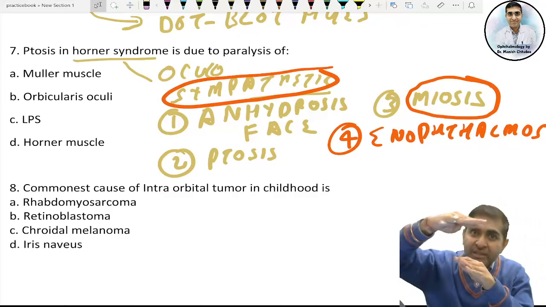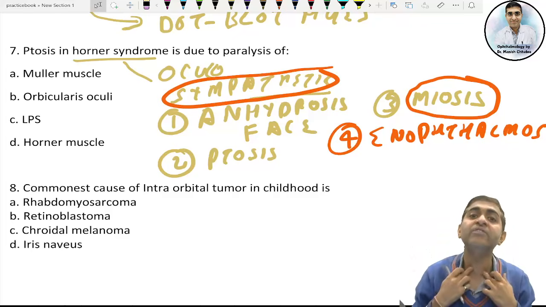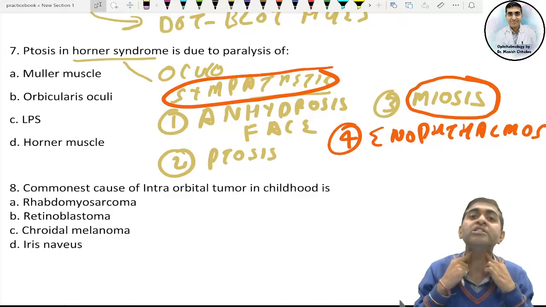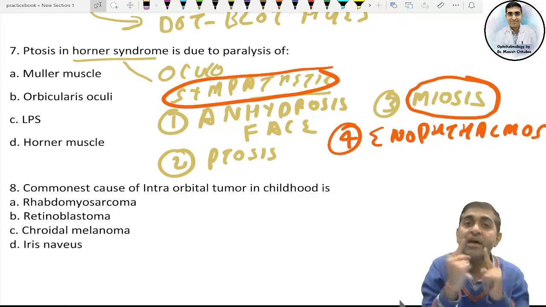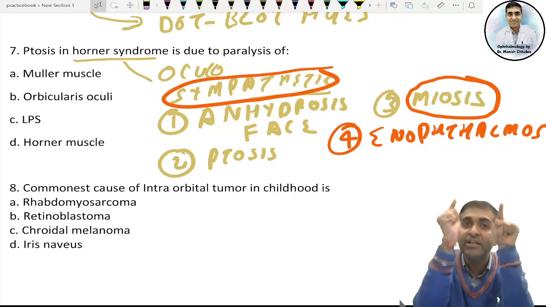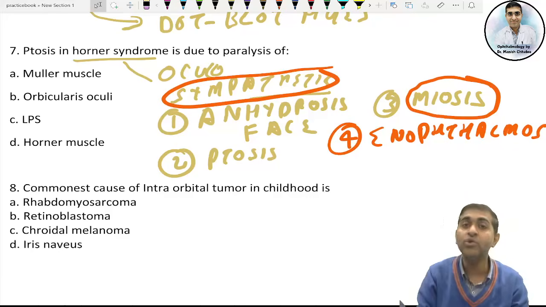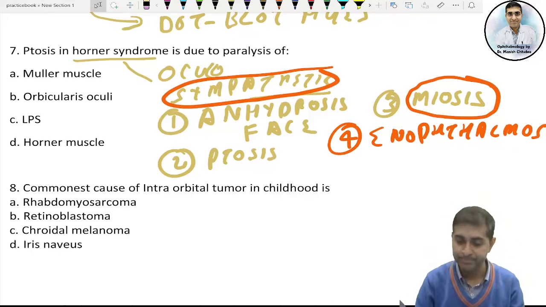They pass under the clavicle and on top of the upper lobe of the lung, and they come to lie in the inferior cervical ganglion, from where they go to the superior cervical ganglion. Then these fibers loop around the internal carotid artery to enter the middle cranial cavity. Then they move forward and ultimately supply the dilator pupillae.